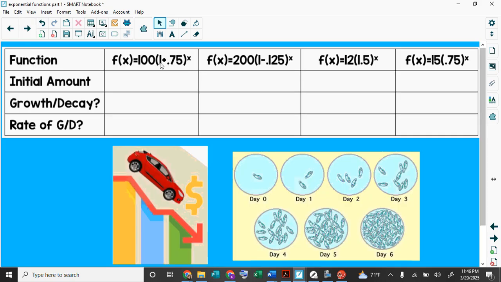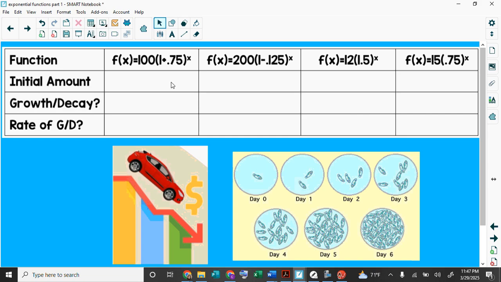Now, here are 4 different functions. They are all exponential functions. If you need to, you can stick them in the calculator to see whether it is an exponential growth or exponential decay. But all you have to do is look at the inside. If this number inside is greater than 1, then it's going to be a growth.